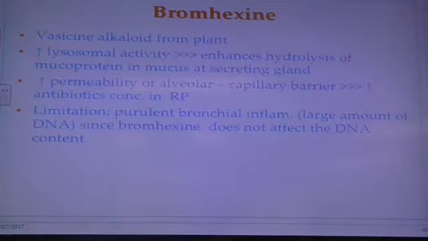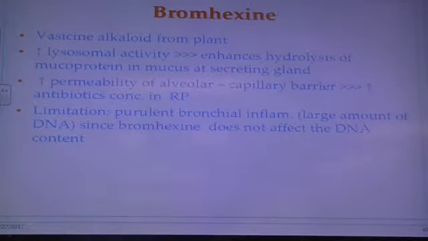The next drug, which we use a lot in human medicine but not a lot in small animals, is bromhexine. You can see it as an OTC drug to help with colds or respiratory tract problems.